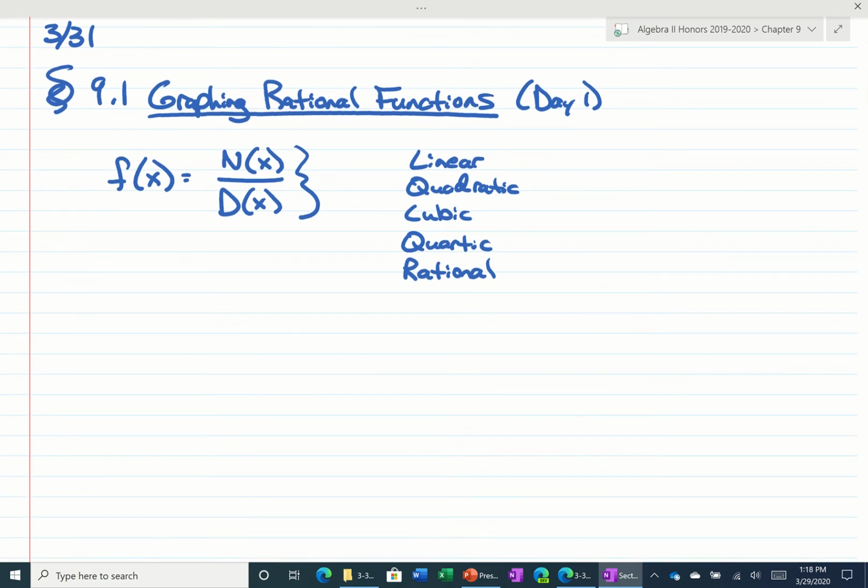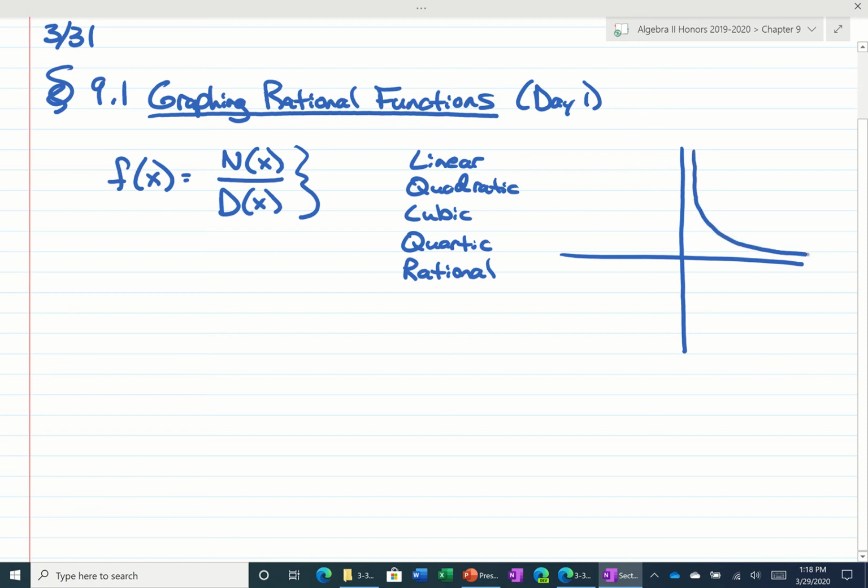Now, if we want to know what a graph looks like, we could always just plot points. The general shape of a rational function would look like this, where these are called branches. That's what the actual graph looks like.